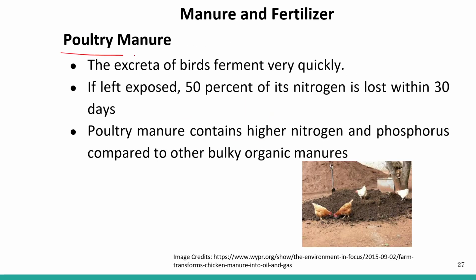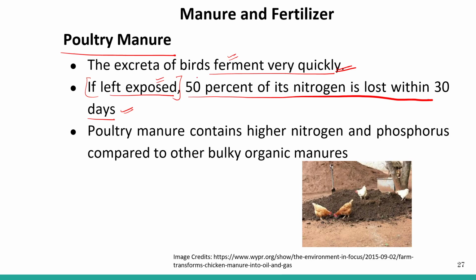Poultry manure: the excreta of birds ferment very quickly, right? If left exposed, 50% of its nitrogen is lost within 30 days. So this is a great loss. If this excreta from the poultry farm is exposed, 50% of the nitrogen is lost.